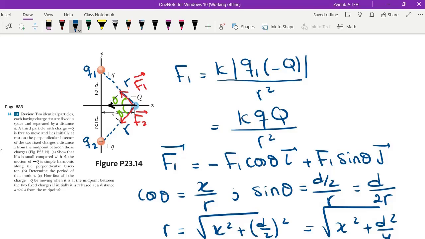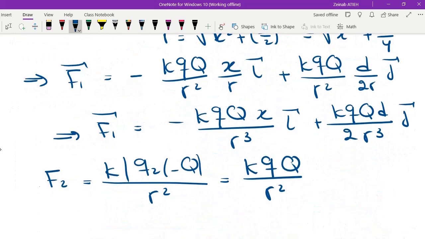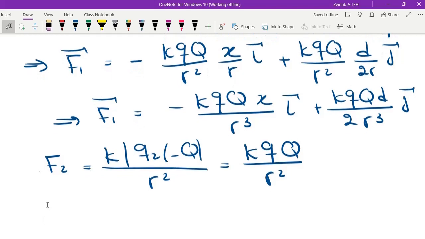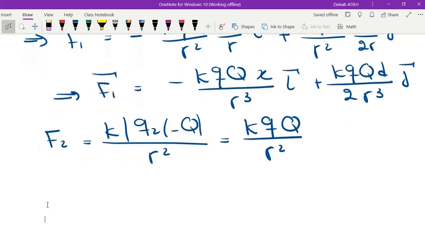So r up is equal to r down. It's equal to radical x squared plus d squared over 4. With theta up and theta down, they are symmetrical. Everything is the same, so it's the same angle theta with the x-axis, same magnitude as f1. Okay, f2 has the same magnitude as f1 simply because they are equidistant and they have the same charge. q1 and q2 have the same charge and they are equidistant from minus q.